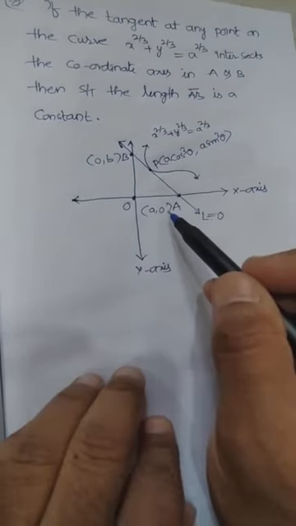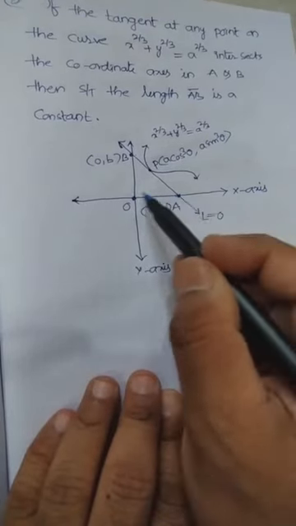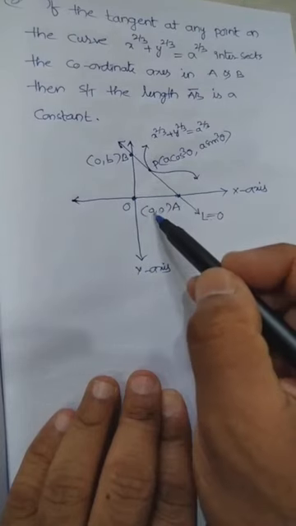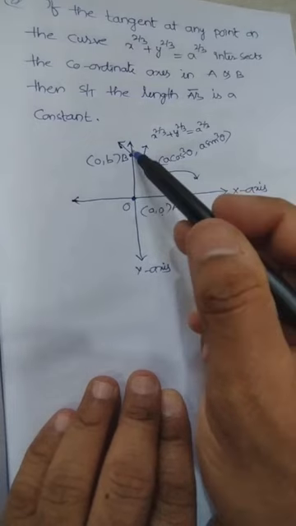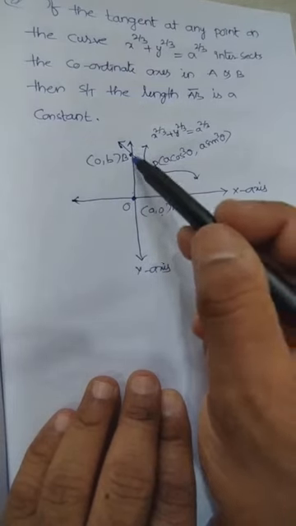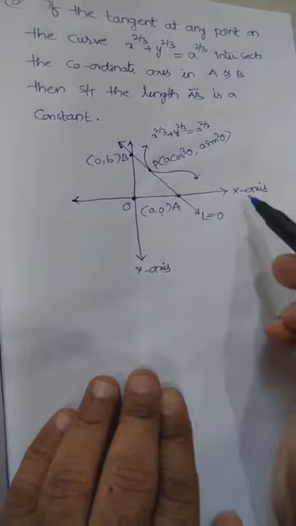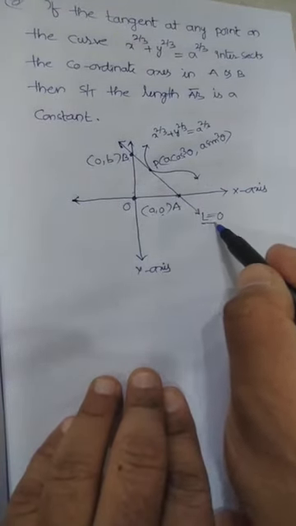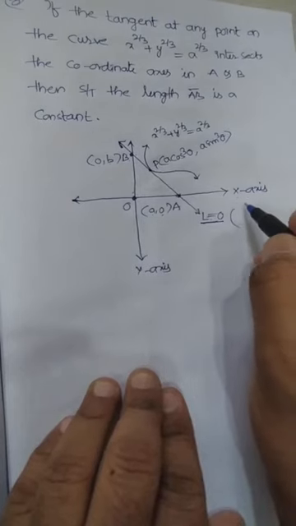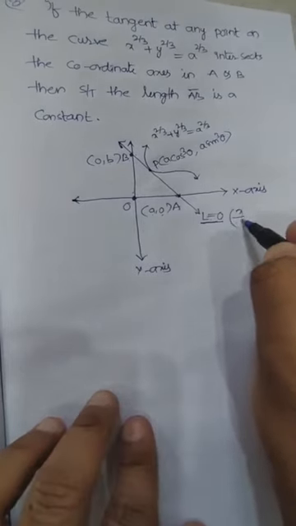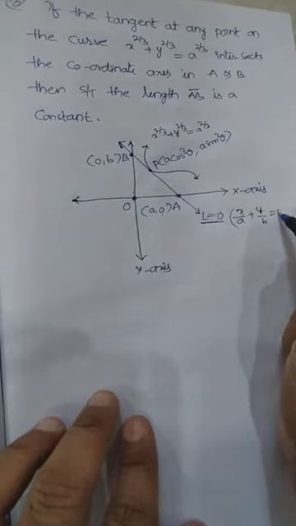As usual, if OA is a units, the point A must be (a, 0). If OB is b units, the point B must be (0, b). This line L = 0 we are going to take in the form x/a + y/b = 1, as before.